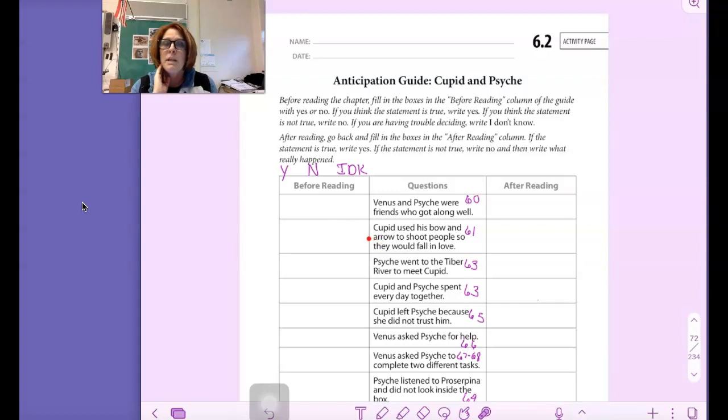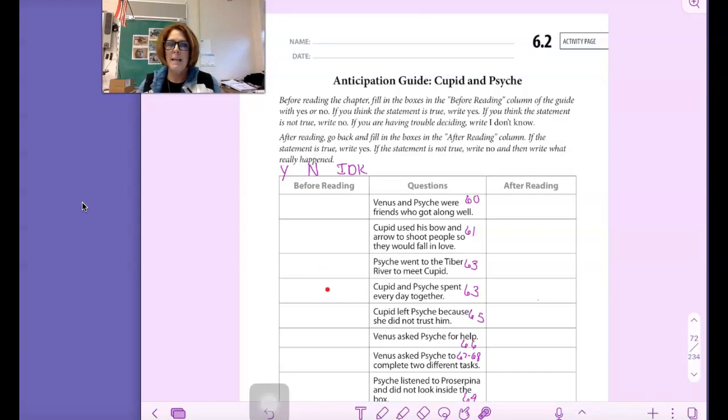Next, Cupid used his bow and arrow to shoot people so they would fall in love. Put a Y for yes, it's true, N for no, it's not true. Next, Psyche went to the Tiber River to meet Cupid. Yes if you think it's true, N if you think it's not true, and IDK if you don't know.